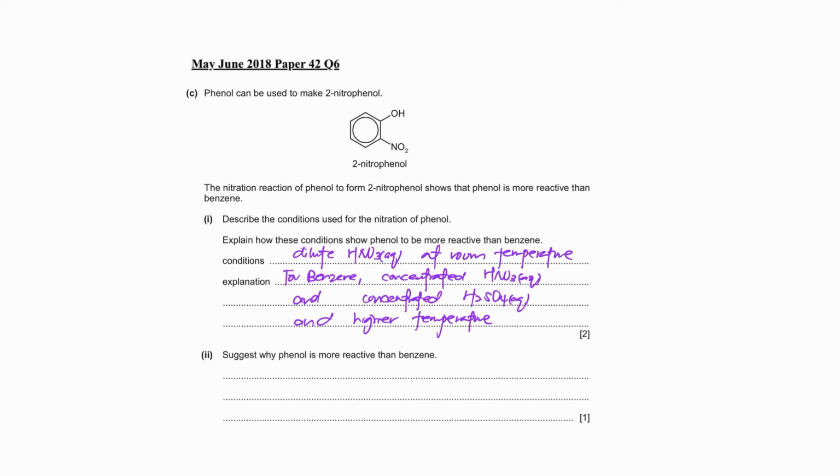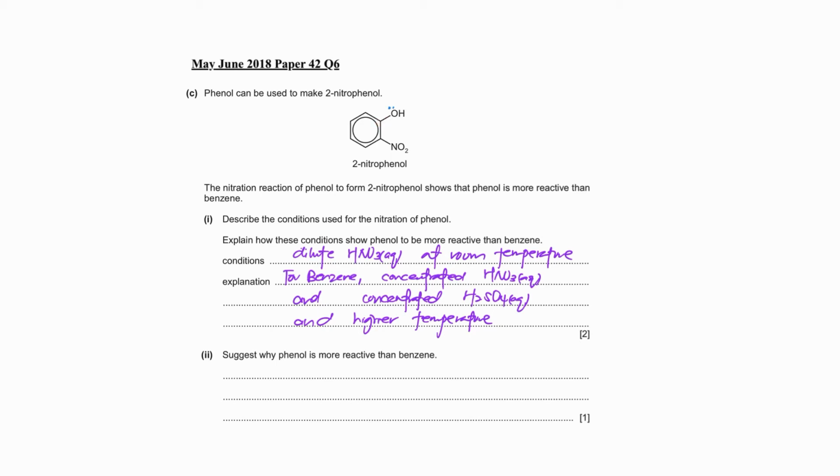Next, suggest why phenol is more reactive than benzene. So they want us to give the reason. In this case, we can see there's a lone pair on oxygen attached directly to the benzene ring.